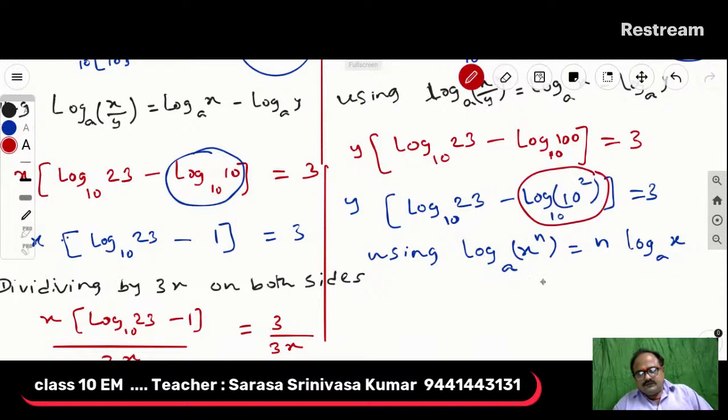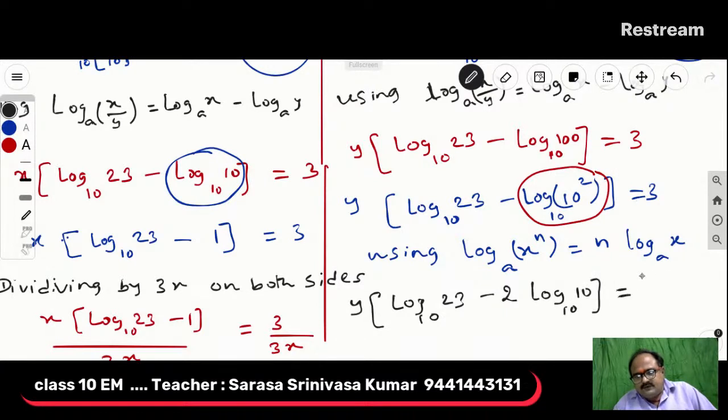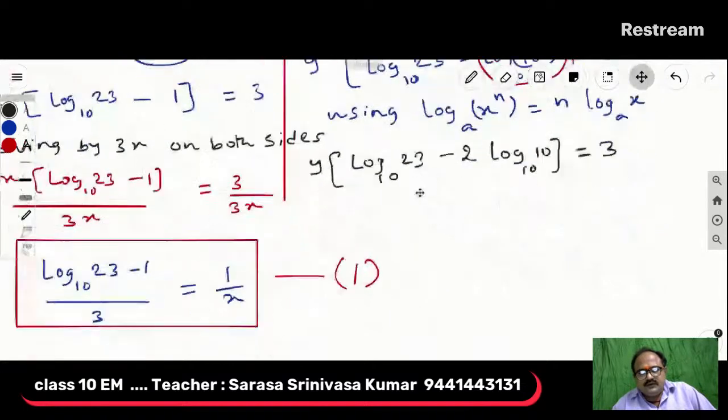So we write y multiplied by log 23 base 10 minus 2 log 10 base 10 equal to, on the right hand side we have 3 only. We are not changing the value.